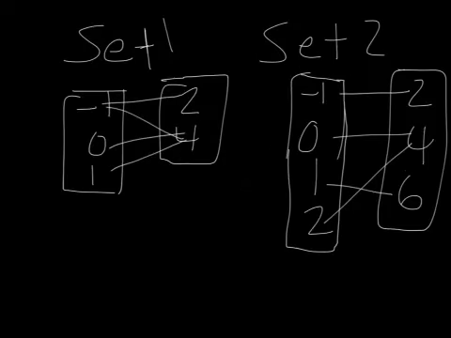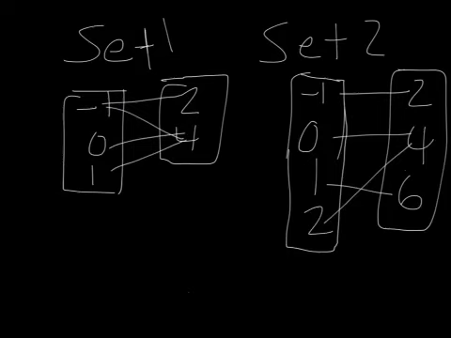When we're looking at our diagrams, we want to see if we have any multiple lines going from one x value to two y values. On our left-hand side, in set 1, from negative 1 we have negative 1 going to 2, and we have negative 1 going to 4. Since we have two lines coming out of negative 1, that's not a function, even though 0 and 1 both follow our rules.